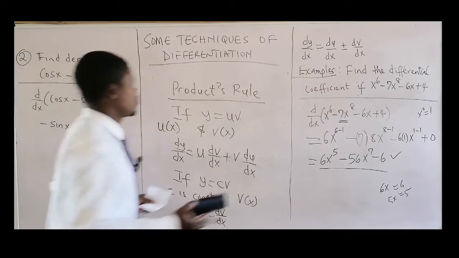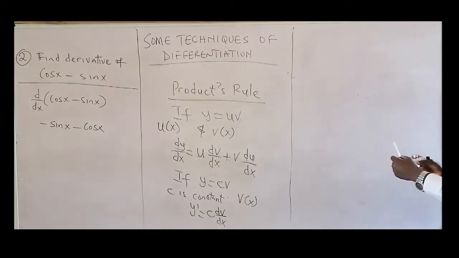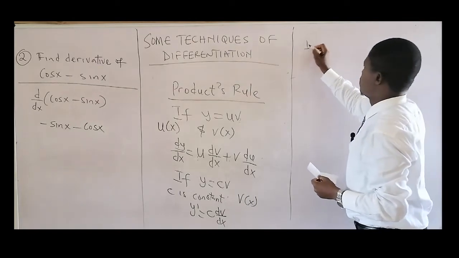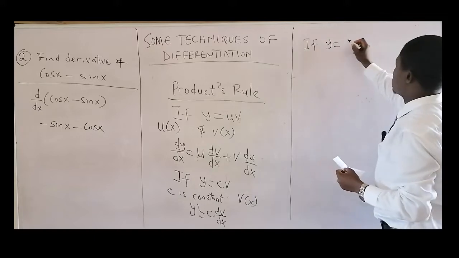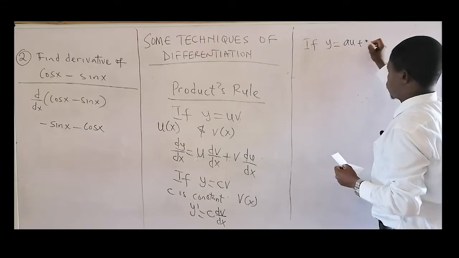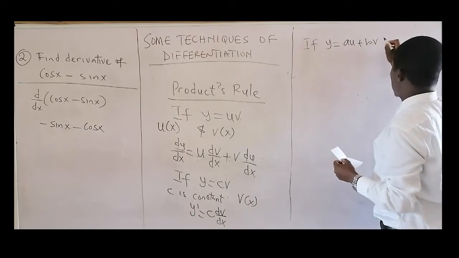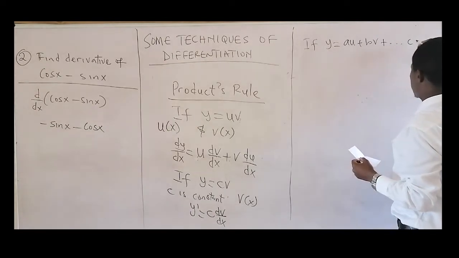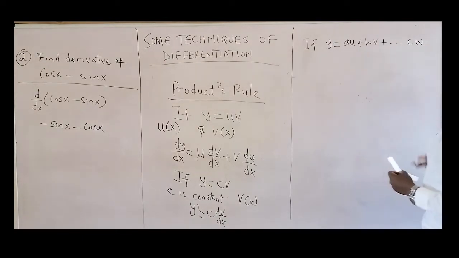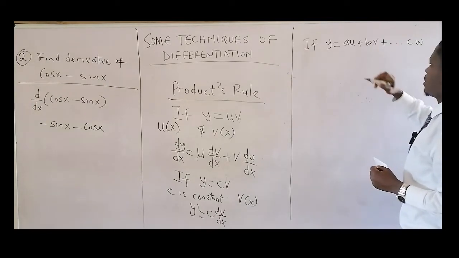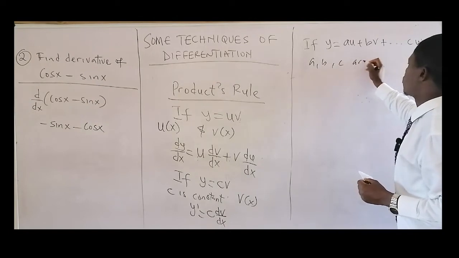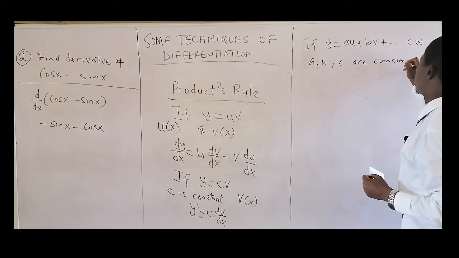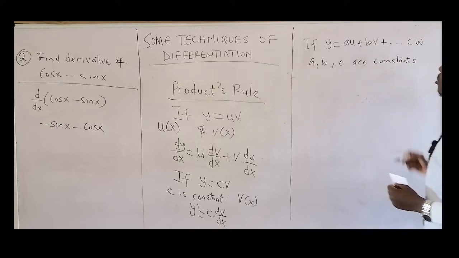Then the next thing, if y is equal to Au plus Bv plus, and so on, plus Cw, where A, B, and C are constants, they are all constants.